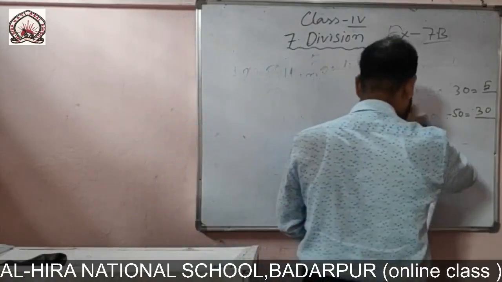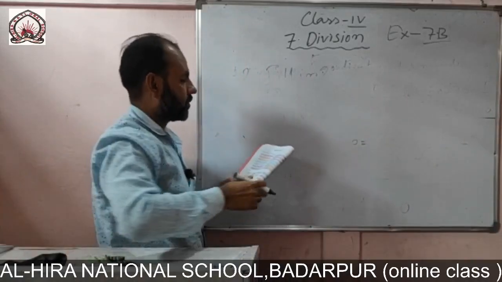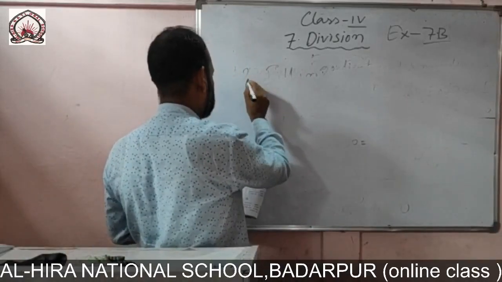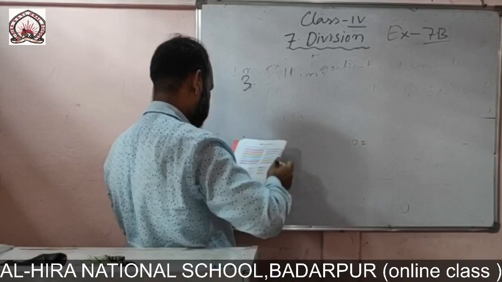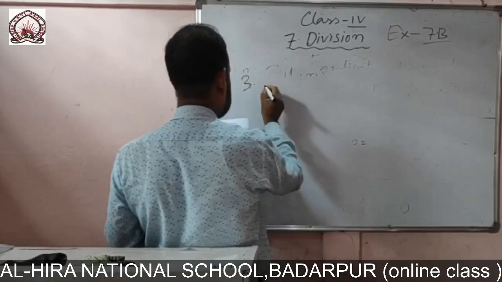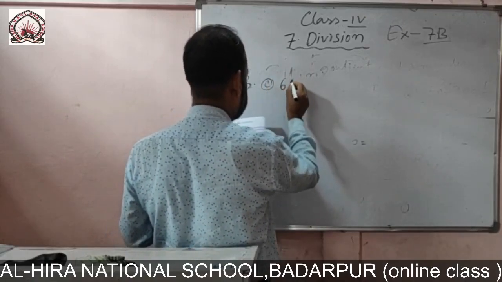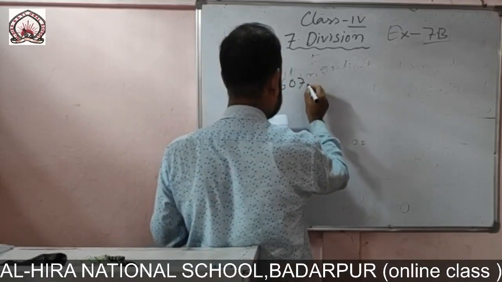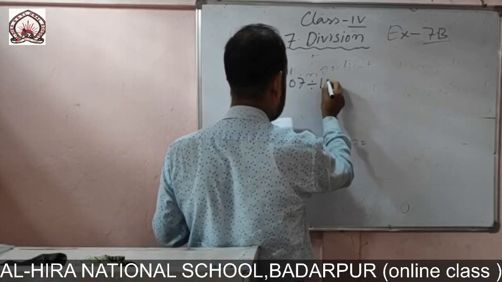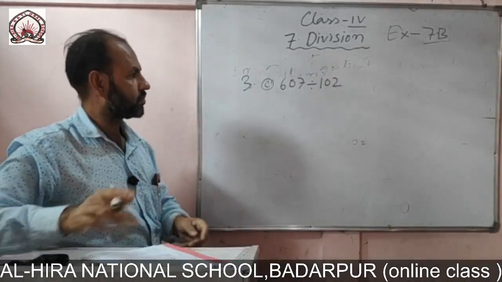Next, question number 3. Question number 3C, 607 divide 102.